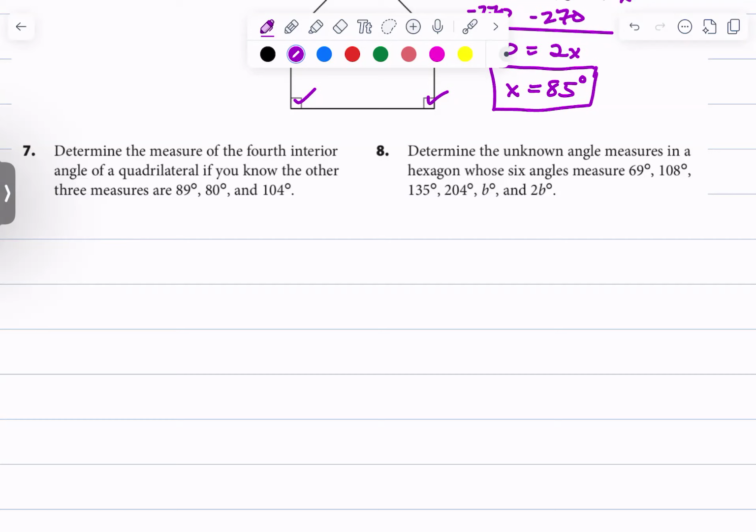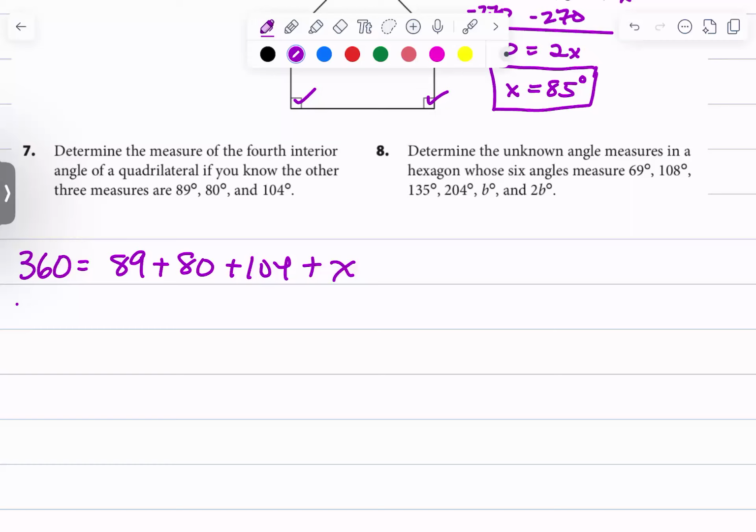Okay, so number 7, we have determined the measure of the fourth interior angle of a quadrilateral. So you know a quadrilateral has 360 equals, if the other three are 89 plus 80 plus 104 plus x, right? And x is what we have to figure out.